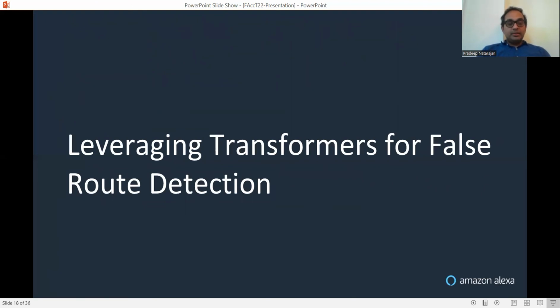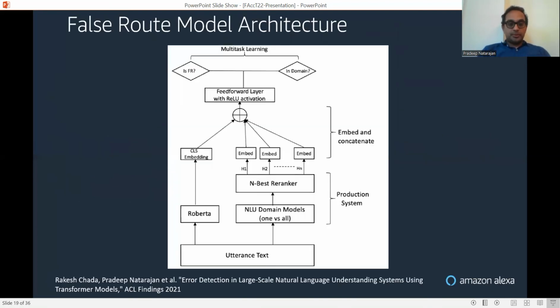So the solution we developed for identifying these false routes is based on leveraging transformer models. What we built is a multi-layer processing pipeline that is illustrated in this figure. We take each utterance text that we saw in live traffic and encode it with a specific transformer model called RoBERTa. In addition, we also take the logs from our production system, like the confidence outputs from the NLU domain models, and embed them into a numerical vector as well.